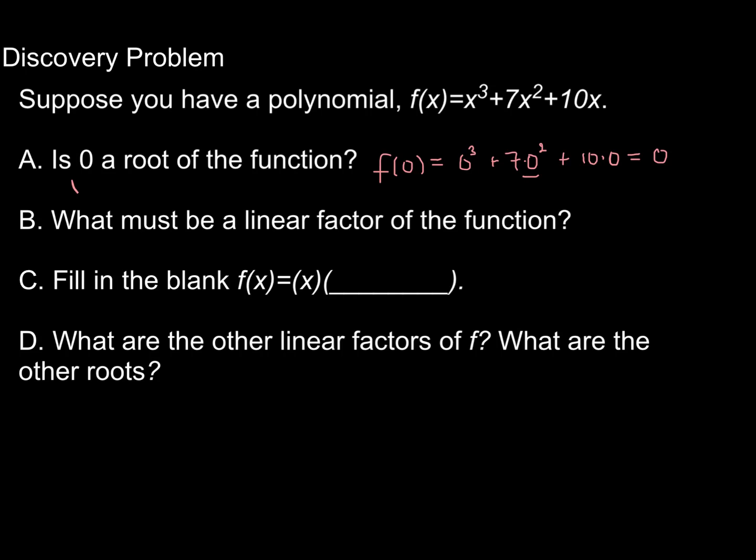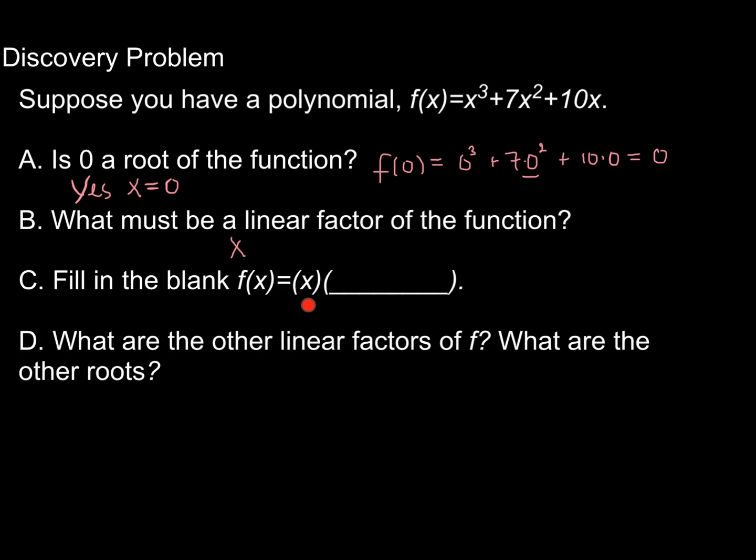So yes, x equals 0 is a root. Well, that means we have a linear factor, because we know that if we write this in factored form, when we plug in 0 for x, one of those factors has to be 0. So one of our factors is going to be x.